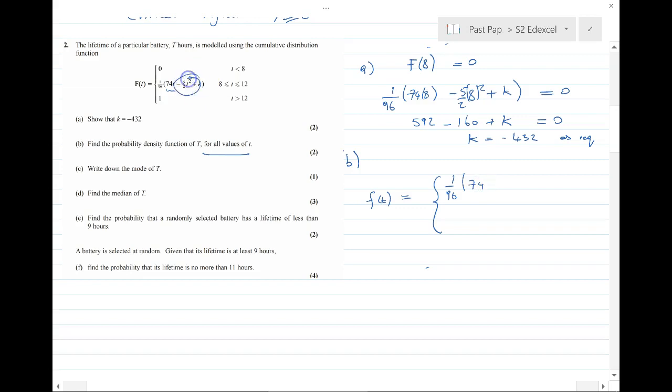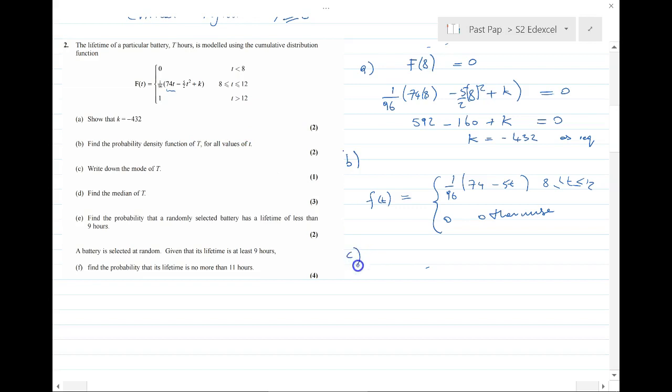And differentiating 5 over 2 t squared, you get minus 5t. Differentiating the k, which is minus 432, obviously is 0. Those numbers apply between 8 and 12, and we've got 0 otherwise. Okay, so that's part B.